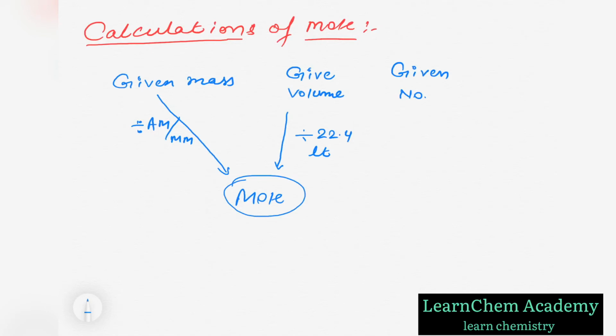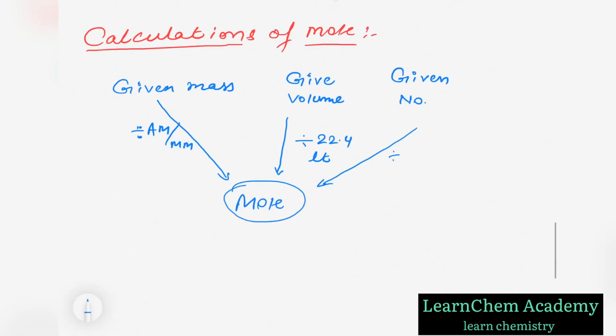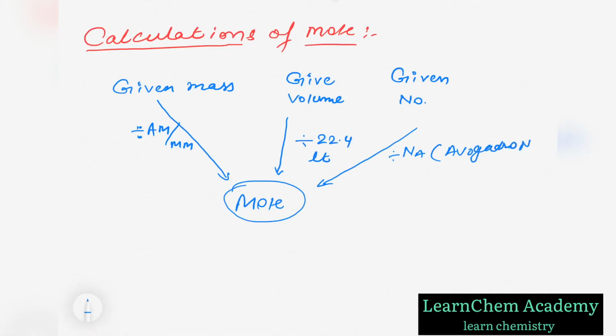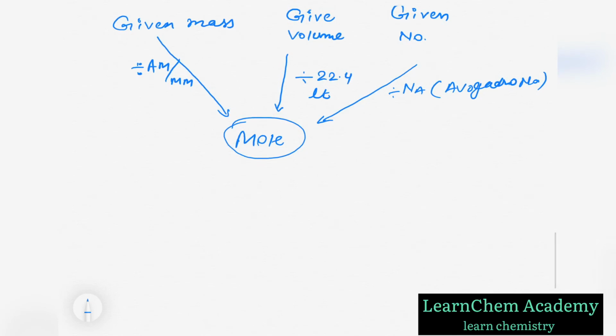If number is given, then we divide that number by Na, the Avogadro number, and we will get moles. So once we get the number of moles, we can again calculate mass, volume and number. Okay, this is a very simple mathematics trick.